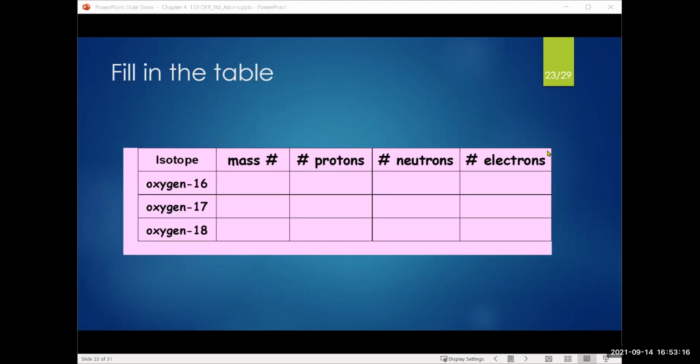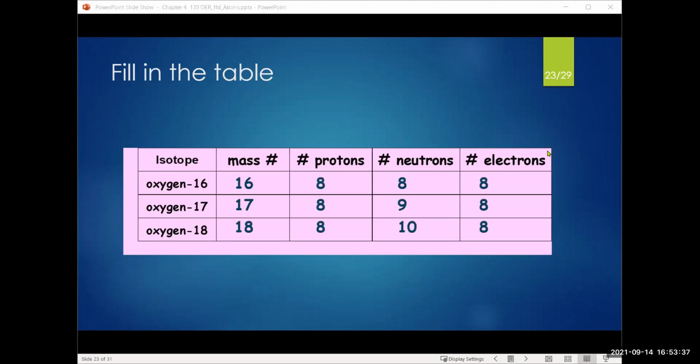Now they're saying oxygen 16, oxygen 17, oxygen 18. Everybody's oxygen, so they're going to have the same number of protons. The mass number is given there. You don't have to look anything up. It's right there: mass number 16, 17, and 18 respectively.